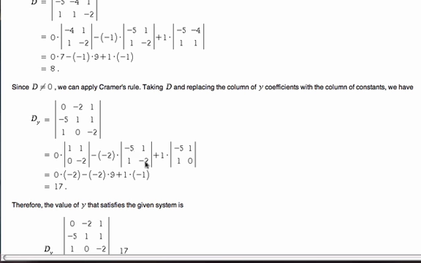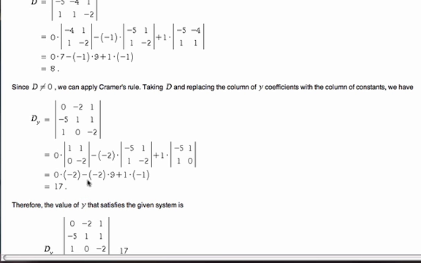So negative 5 times negative 2 is 10, minus 1 times 1, which is 10 minus 1, is 9. So bring that down. So plus 1, and then you're going to multiply these. Negative 5 times 0 minus 1 times 1. So that's going to give you 0 minus 1, which is a negative 1.